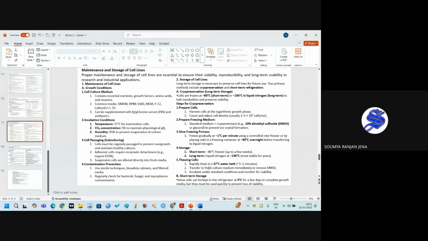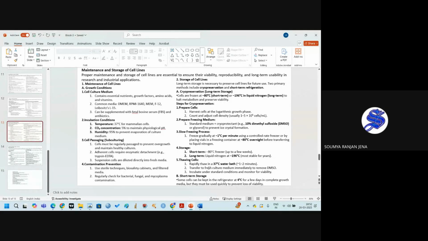If we thaw that cell, thawing means coming out from minus 196 degrees to 37 degrees, normal temperature. Like when you put water in your freezer at 4 degrees or minus 2 degrees, it will freeze the water.